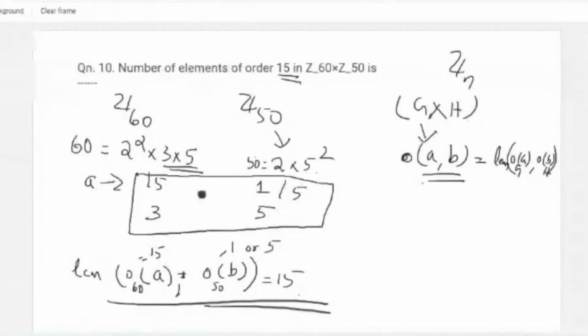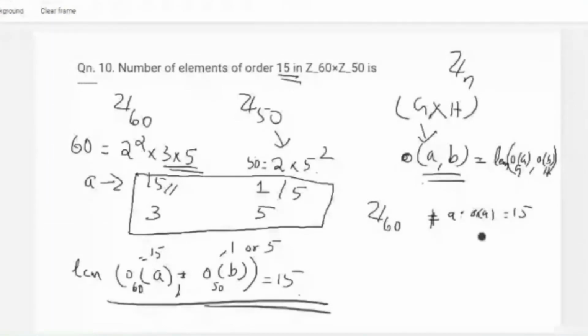So how many elements of order 15 are there in Z60? In Z60, the number of A such that order of A is equal to 15. Every such element generates a group of order 15. So there is only one group of order 15, which means all such A belong to that particular group.